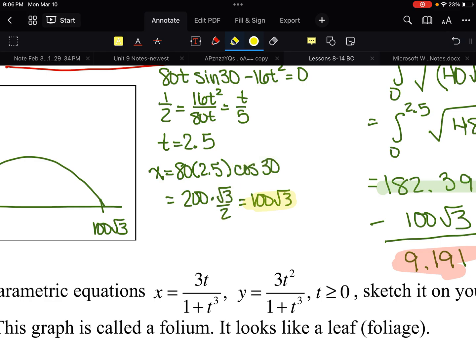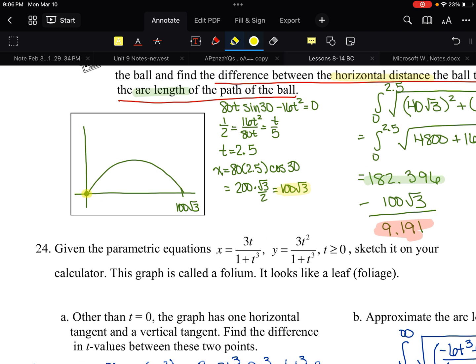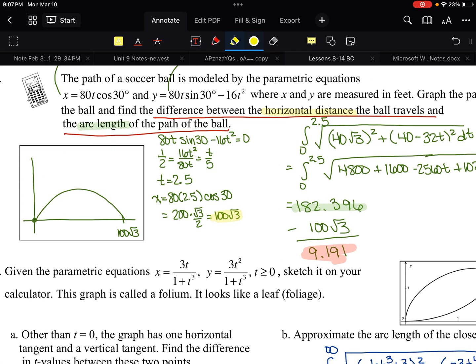And when you work all that out, you get 100 √3. So it started at 0, 0, goes through the air, and 100 √3 later, it's back on the ground. So what's its horizontal distance? How far apart are those 2 points horizontally? 100 √3.